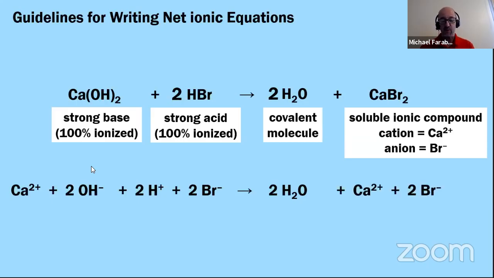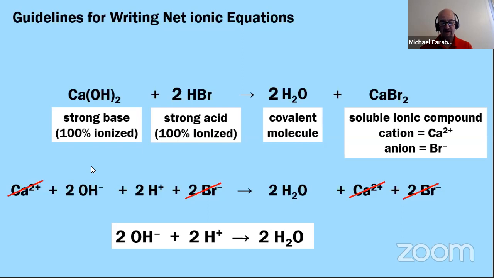And like I mentioned before, there are what are called spectator ions. So we have a molecular equation, Ca(OH)2 plus 2HBr, and it produces 2H2O plus CaBr2. That's the molecular equation. Now, if I cross off the spectator ions like calcium and bromide on both sides of the equation, I get the net ionic equation.